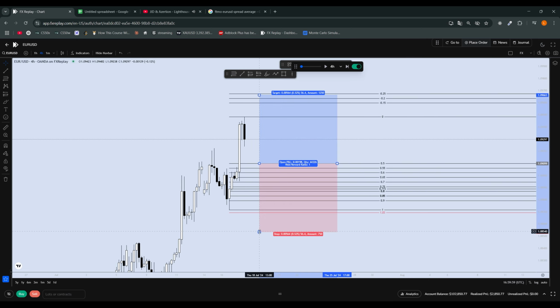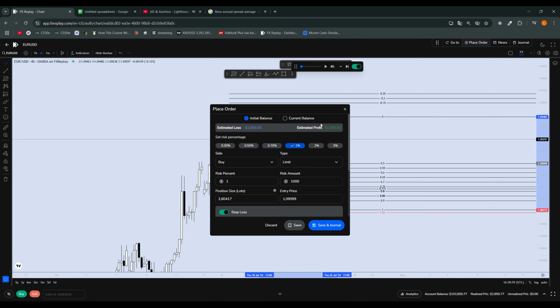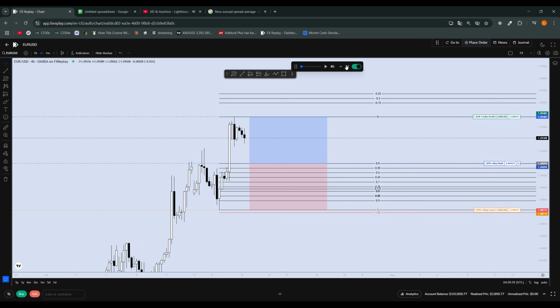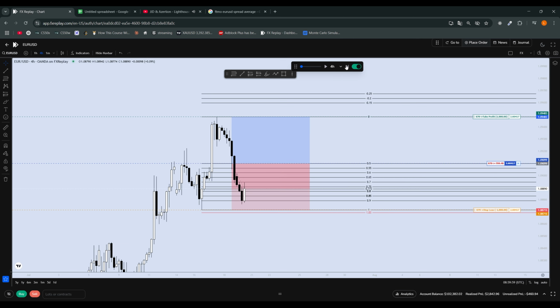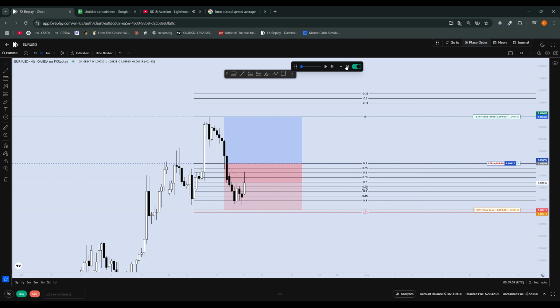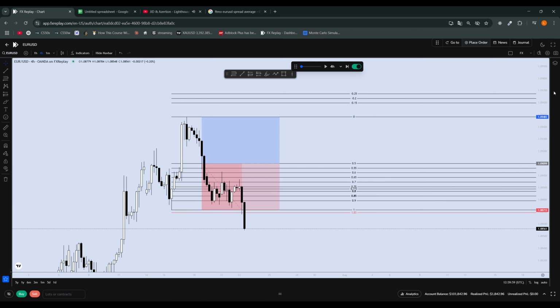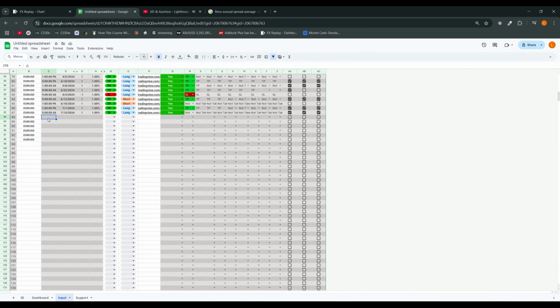Let me put a stop right here. See how price goes. Okay, that was a stop loss. Tagged in on the 18th of July, 5 p.m. Okay, that was a stop loss.